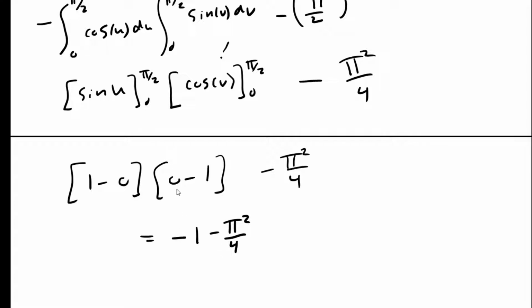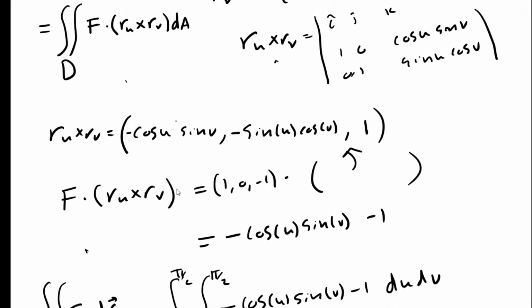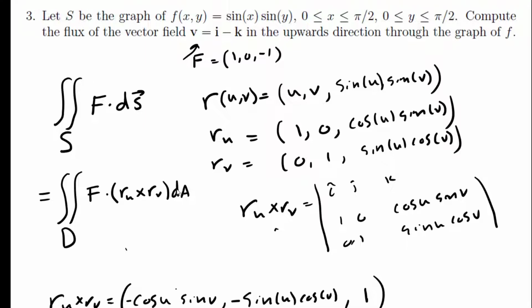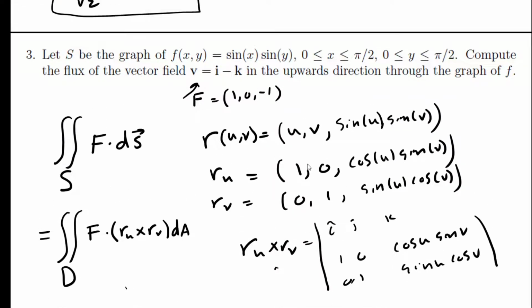One thing I forgot to check, which would make a big difference, is whether my normal vector is going in the right direction. Here it says in the upwards direction through the graph. So if this is my surface, my normal vector should be facing up, not down.